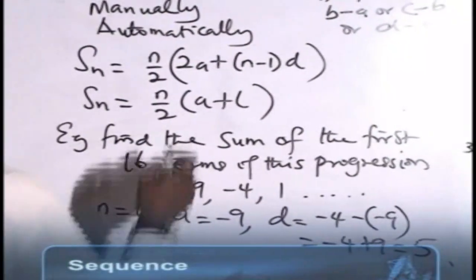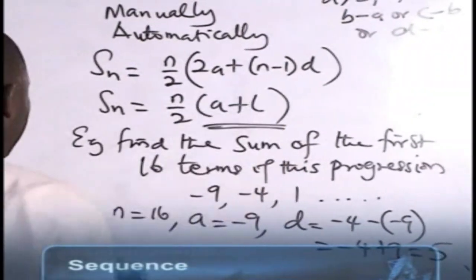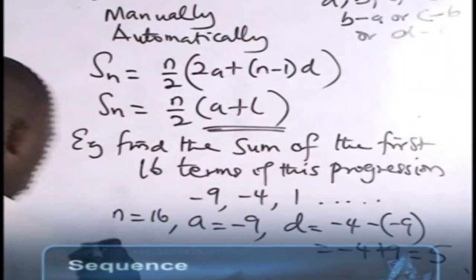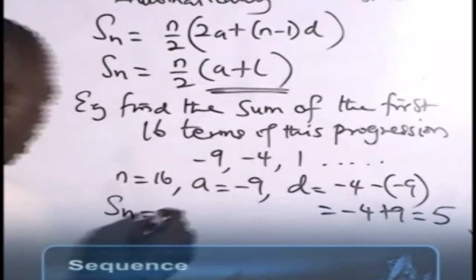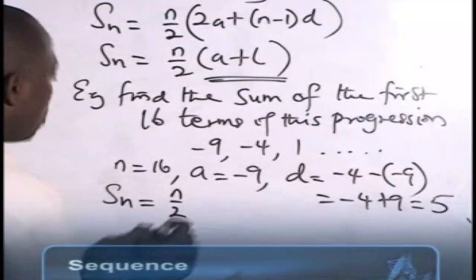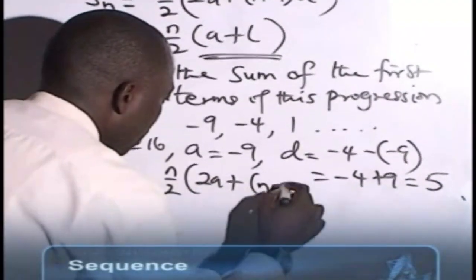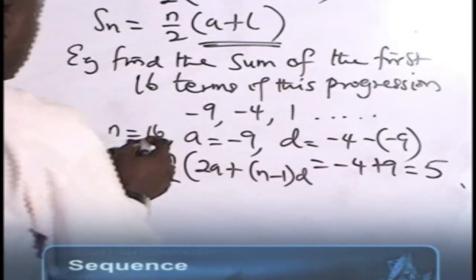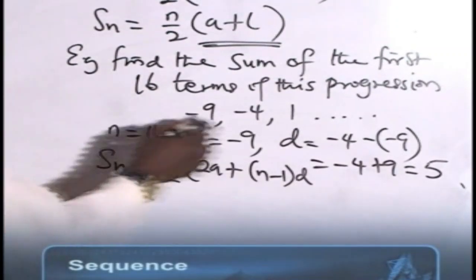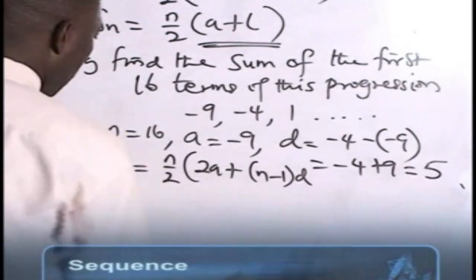And like I said, you only use this one when you know the last term, because L signifies last term. So you use the formula Sn is equal to n over 2 into bracket 2a plus n minus 1 d. N is already known as 16, A is known as -9, and D is known as 5.